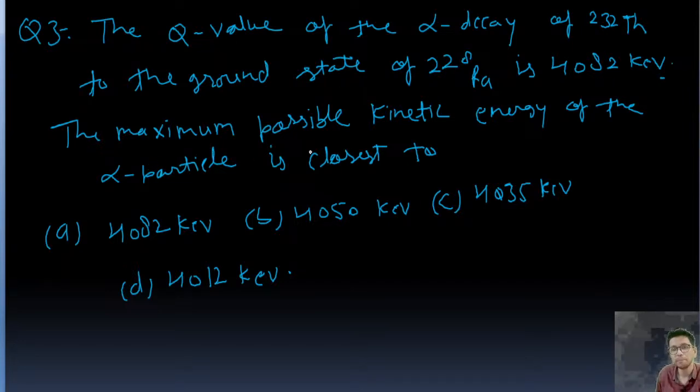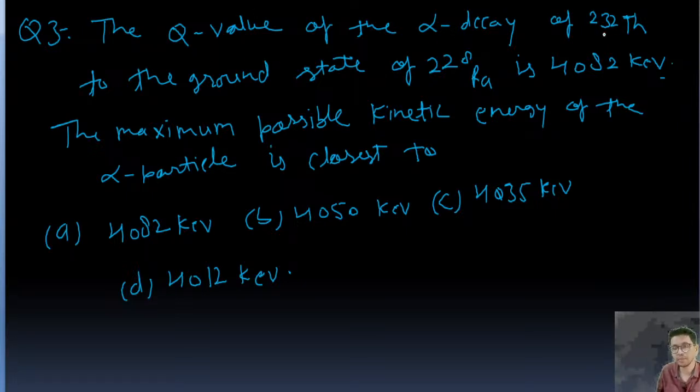The maximum possible kinetic energy of the alpha particle is closest to. So we need to find out the maximum possible kinetic energy. We have been given the Q value for the reaction.